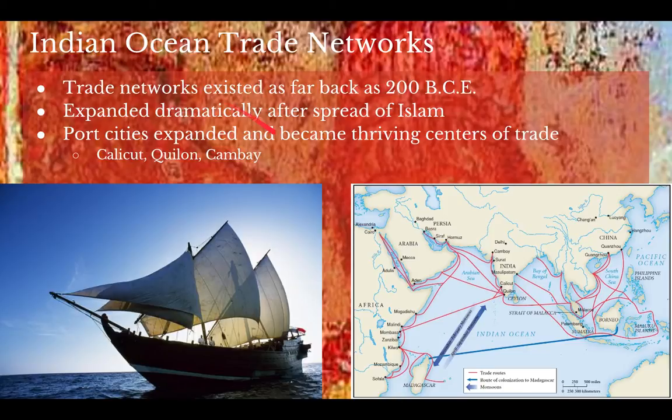The trade networks through the Indian Ocean existed as far back as 200 BCE. I stand corrected. And when Islam expands, this connects even more cities than before. So it's not that the trade networks did not exist, but once the religion is founded and trade increases, and of course the population has increased, and technology has evolved, this makes the trade network that much larger.